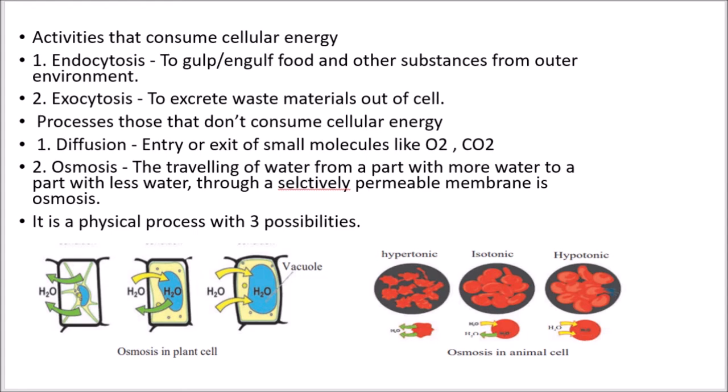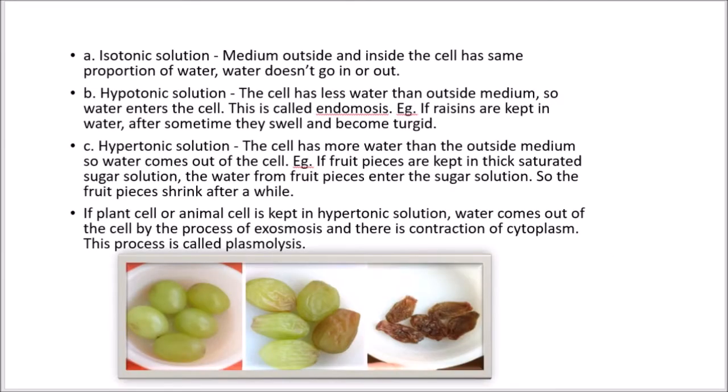So let me see again with detail. Isotonic solution means the medium outside and inside the cell has the same proportion of water. Water doesn't go in or out. So the outside medium and inside medium are the same.